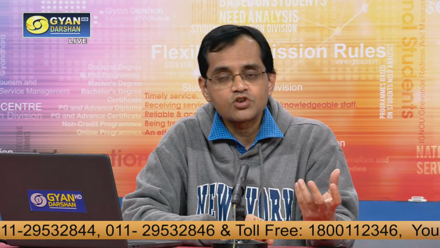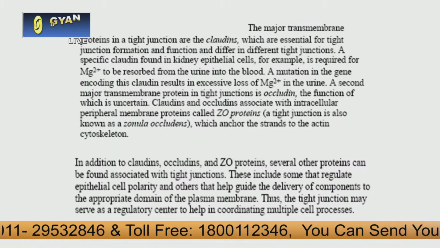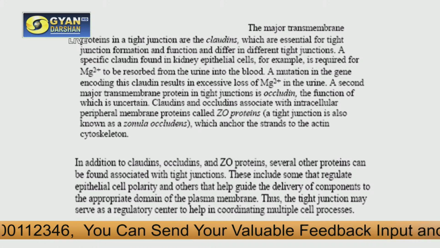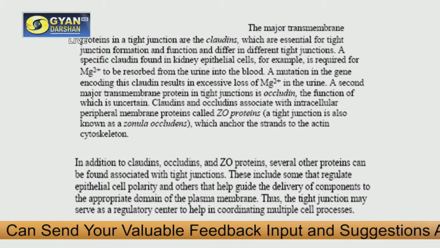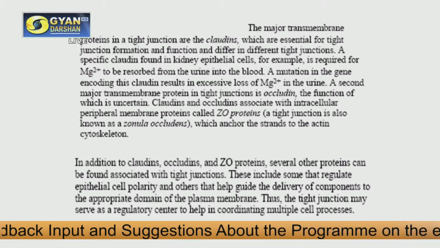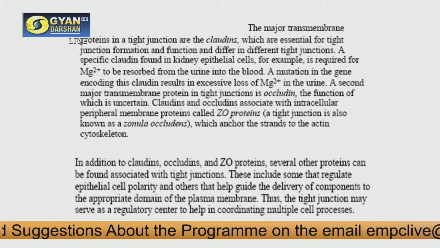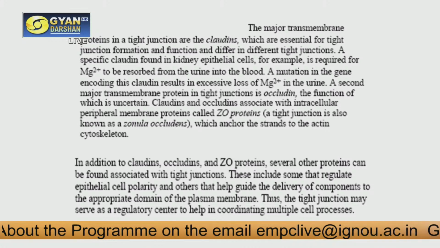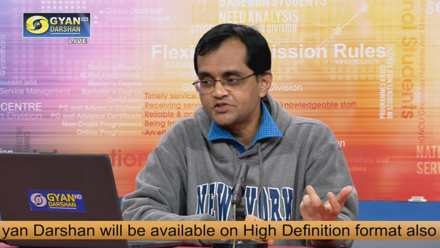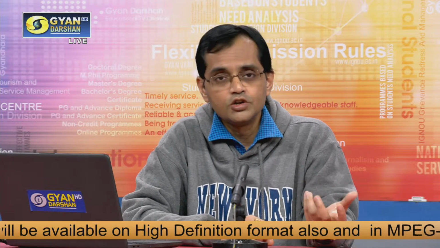The second protein, also a transmembrane protein, is called occludin. But the detailed function of occludin is not very clear. It helps as a component of the tight junction, but whether it has any other major physiological function like claudin is not clear to us. The third protein is called ZO protein. ZO stands for zonula occludens.